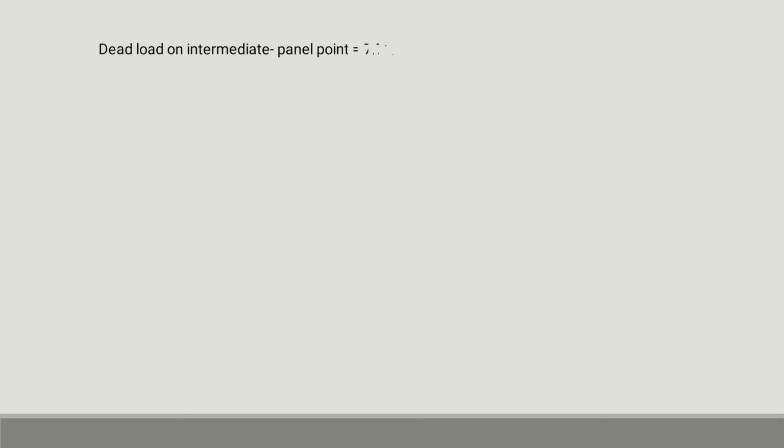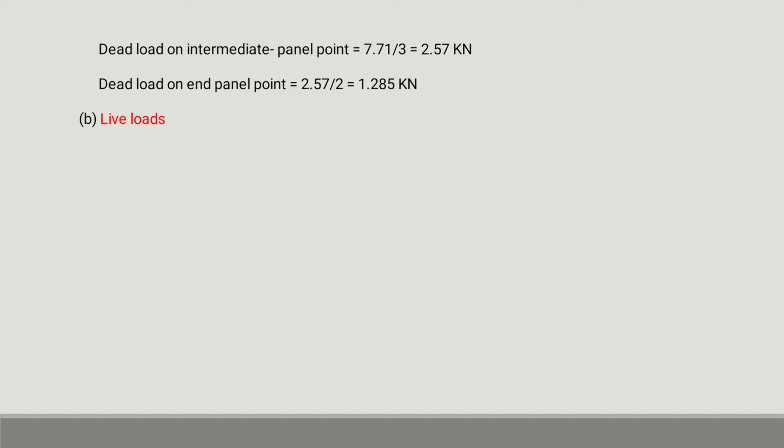So dead load on intermediate panel point: 7.71 divided by 3 is equal to 2.57 kilonewton. Then dead load on end panel is equal to 2.57 divided by 2. Now live loads.